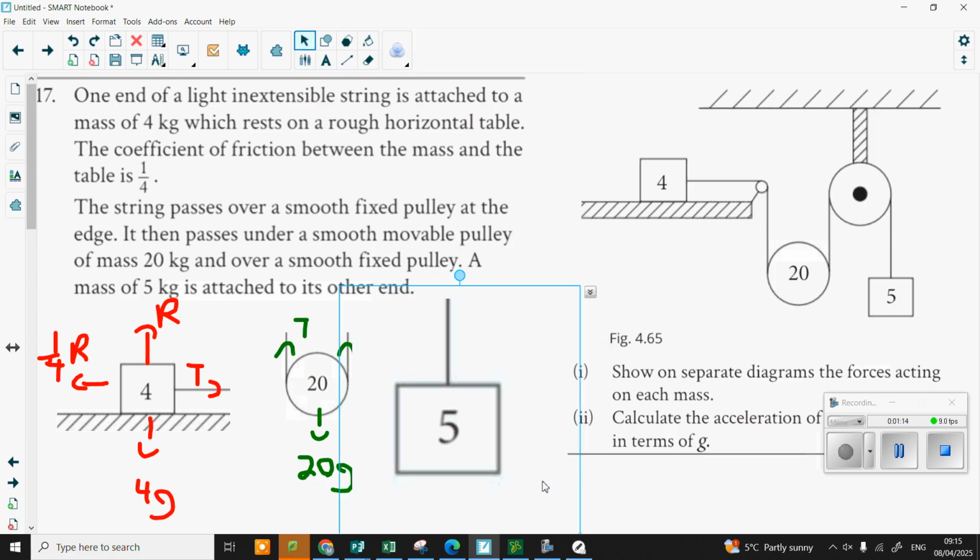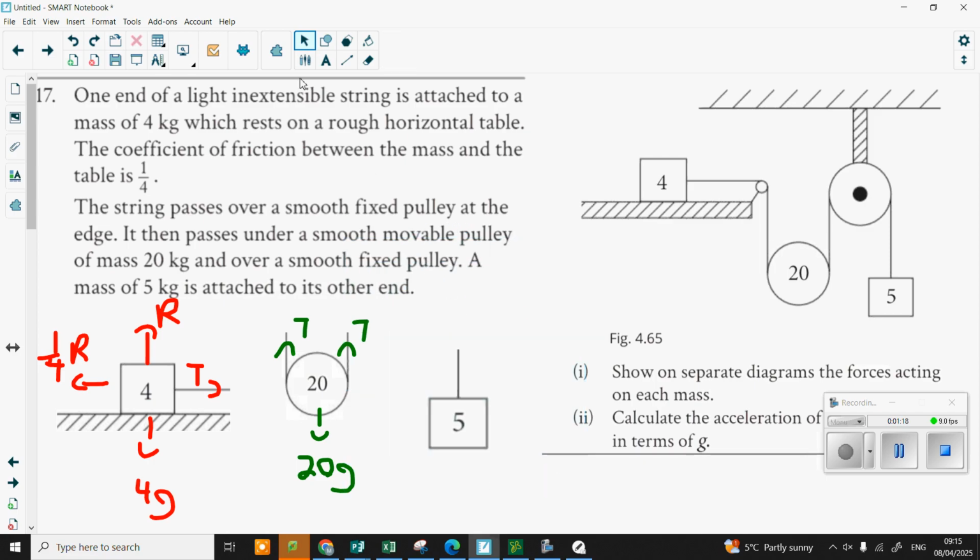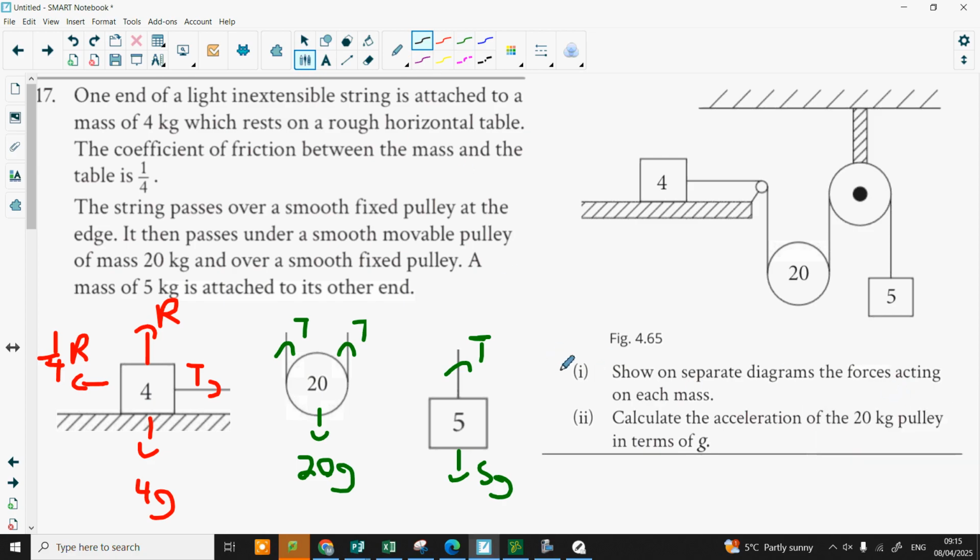You get a load of marks for this, drawing the separate diagrams business. T going upwards, and what's the other one? 5G going downwards, yeah. Now, it just says the forces, so you don't actually have to put in the acceleration on top. Doesn't really matter. So that's going to be A, this is going to be B, and this is going to be A plus B over 2. Okay.